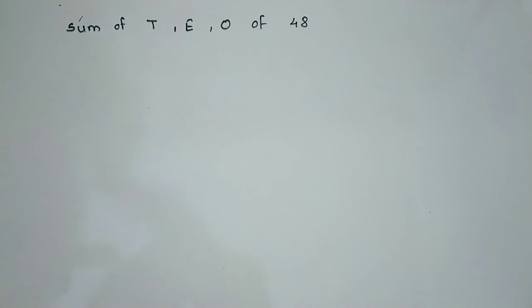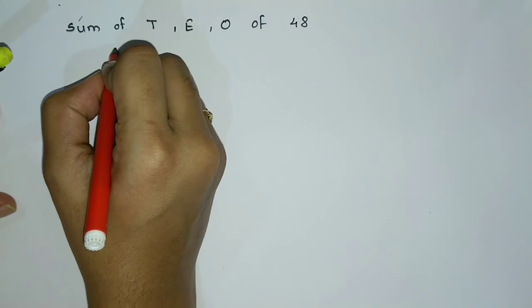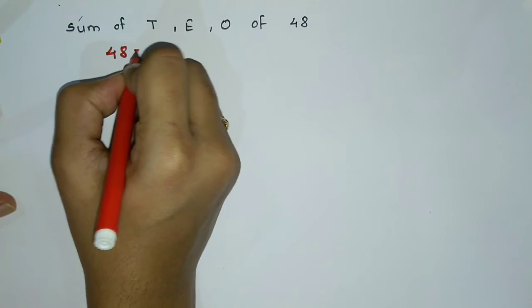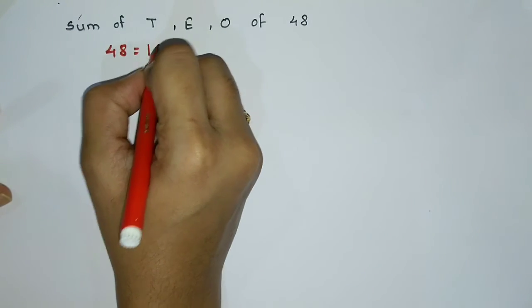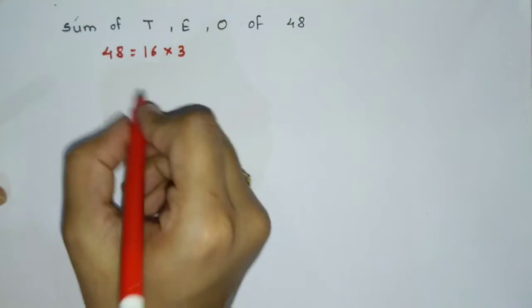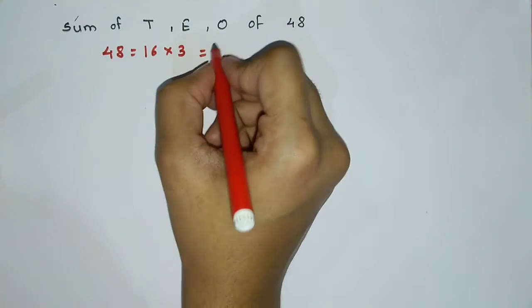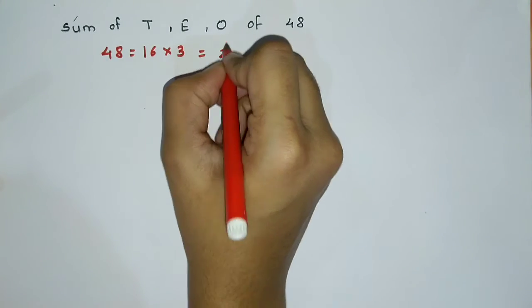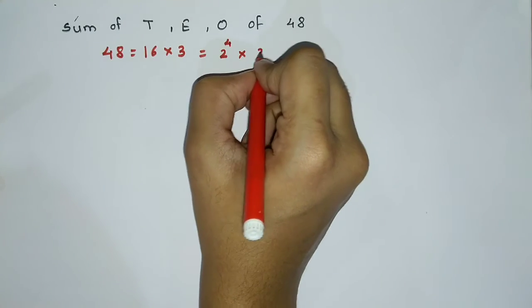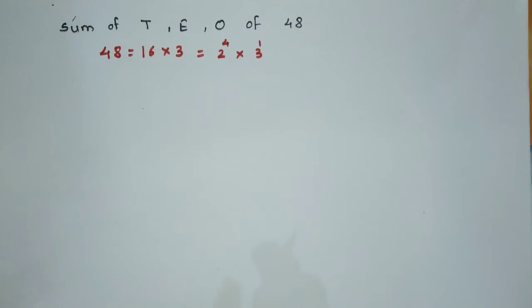Now 48 can be represented as 16 into 3. We can write this as 2 raised to 4 into 3 raised to 1.